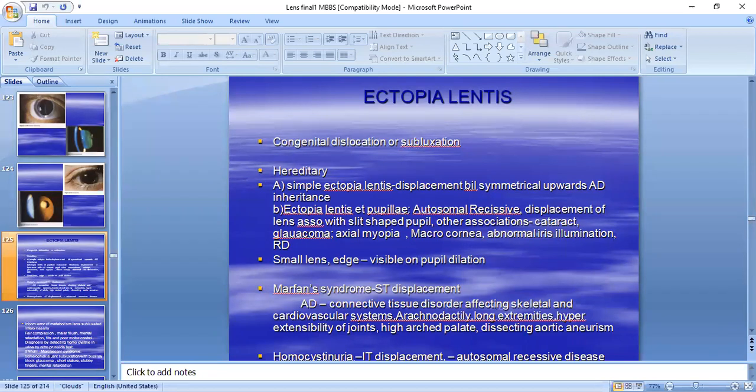So ectopia lentis, or dislocation or subluxation of the lens.